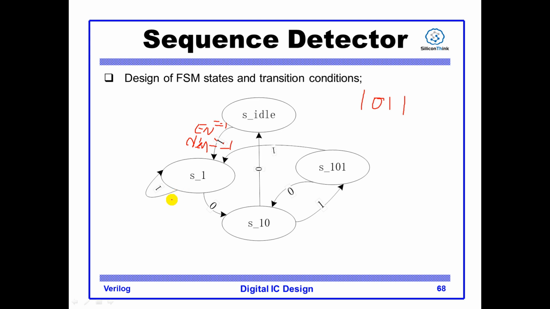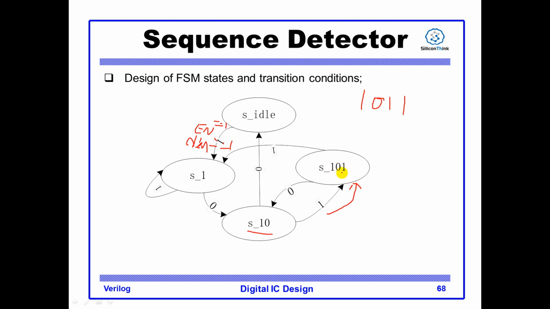If the input is still 1, it will stay in this state for many cycles. If it receives a 0, it will transition to this state. Then receiving a 1 will transition to this state.